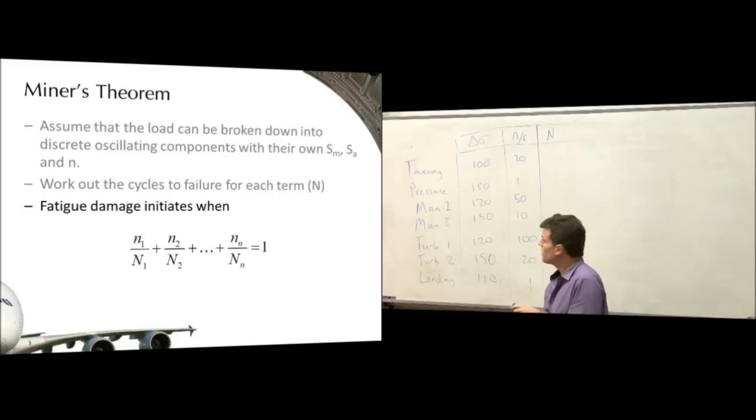So it's saying that each type of loading is taking up its own little fraction of the total fatigue life. If we think of 1 as 100%, it's the total life of that component. Each type of loading is taking up its own fraction of that, and eventually it will fail.